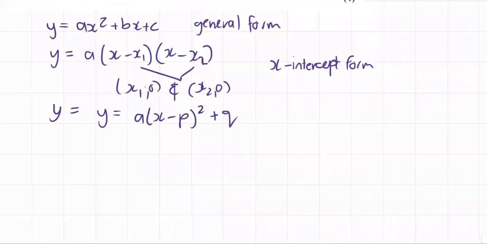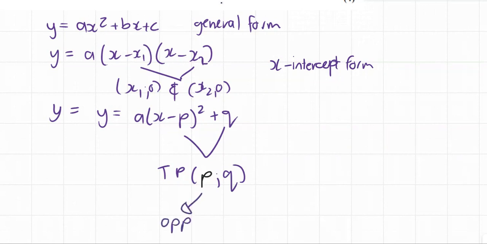In this form, (p, q) is your turning point, where p is the opposite sign because it's inside the bracket connected to x, so it's counterintuitive, and q is the same sign. How can we use this information to quite quickly, in two different ways, sort out this problem?